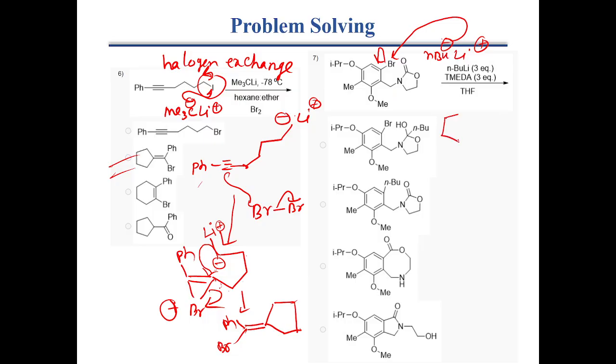So I'm just writing only the benzene ring. O isopropyl, methyl OMe. Then the R Li will form. So this is negative, this is positive.